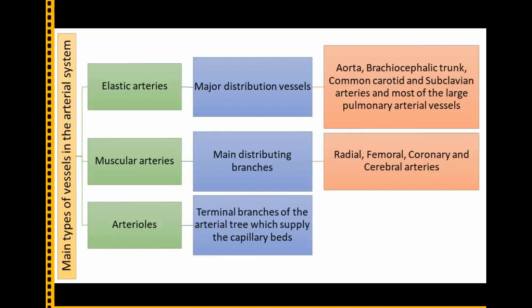Then muscular arteries are the radial, femoral, coronary and cerebral arteries. They are slightly smaller. Then come the arterioles. They are the terminal branches of the arterial system, and they come just before the microcirculation starts.